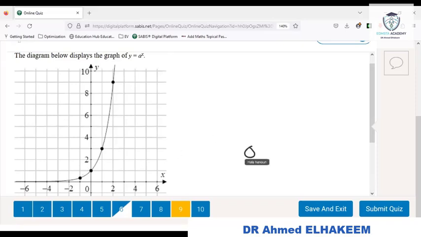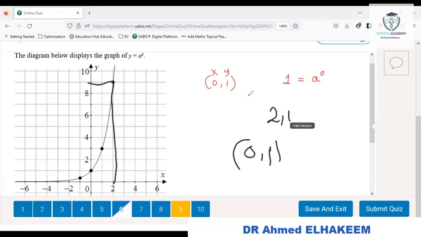This one is equal to what? Yes, 0 and 1. This is X and this is Y. So 1 is equal to A power 0. From this point, it's not clear. Try to choose another point. This one.